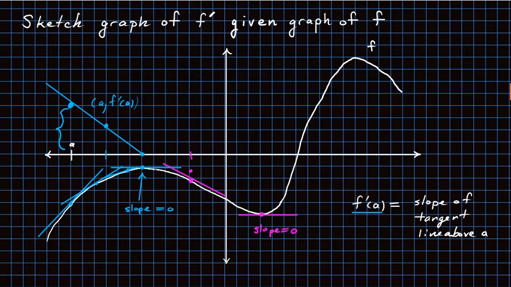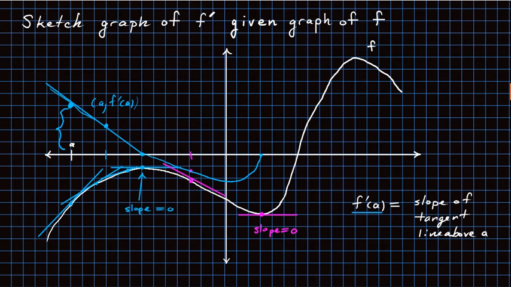So between where the slope is 0 here and the slope is 0 here, the slopes of the tangent lines are all negative, which means that the values of f prime are negative. And then they become 0, because the slope is 0. So here's the graph of f prime.